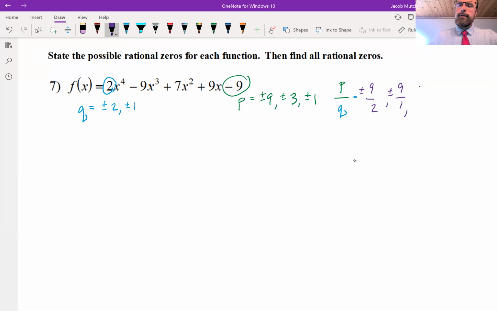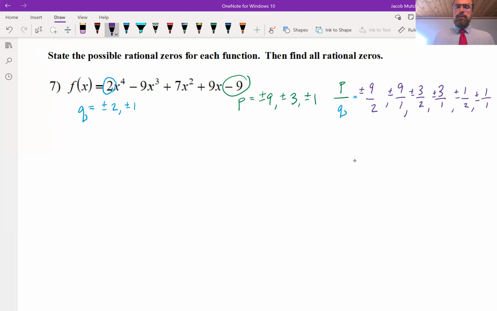Then I'll go to 3 over 2, 3 over 1. And lastly, 1 over 2, 1 over 1. And notice it's a longer list because of the factors that I had in the P and the Q terms.